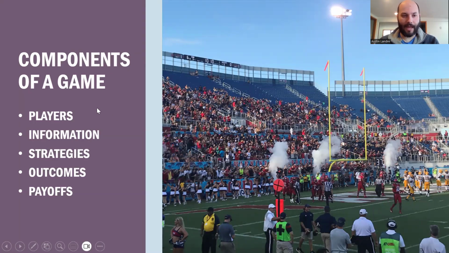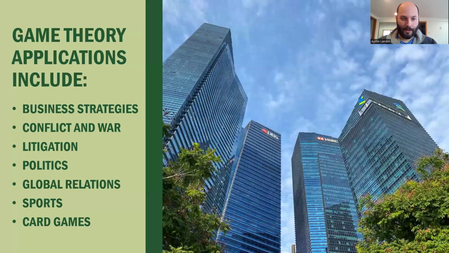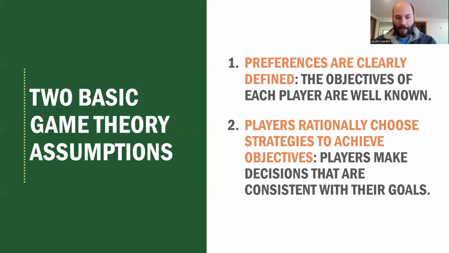So what are the components of a game? We have a number of players or decision makers in the game. We have information, which in our games, again, are going to be games of perfect information, meaning that our players in the game know all of the strategies, all of the possible outcomes based on what strategies are chosen, and what the payoffs are of the combinations chosen. There are a couple of assumptions that we're going to make about decision makers. First of all, that preferences are clearly defined.